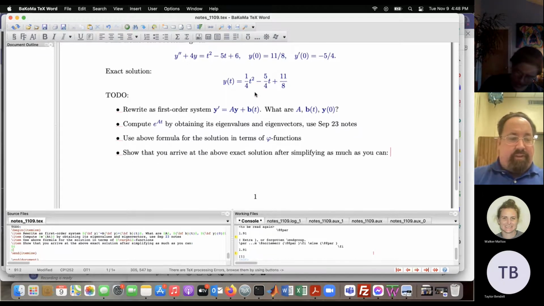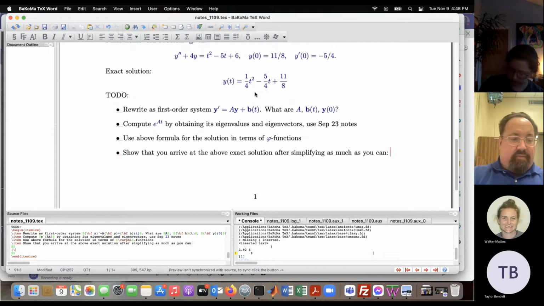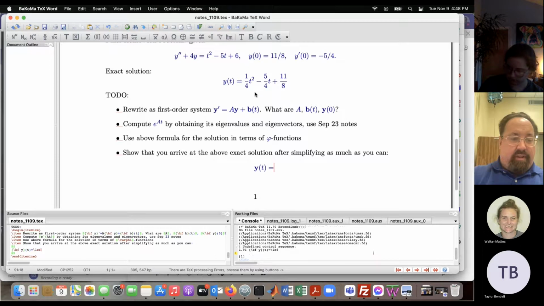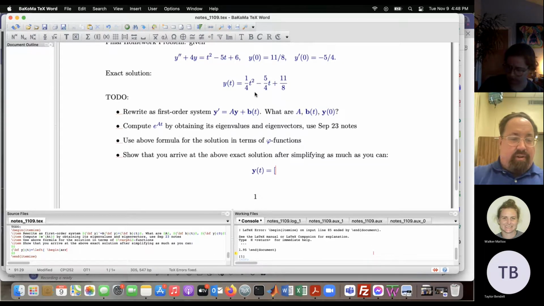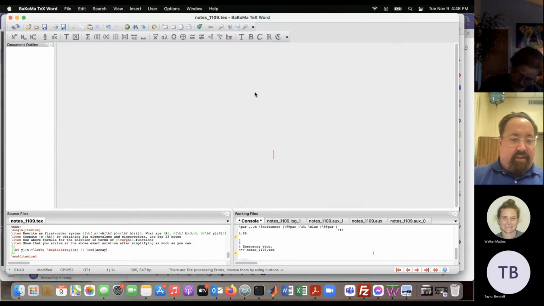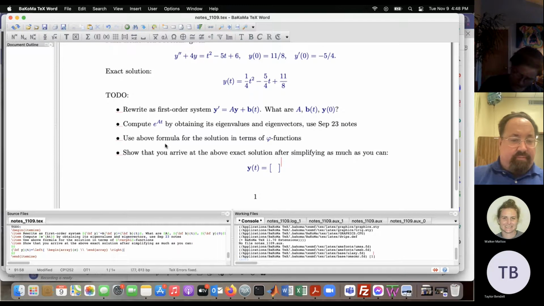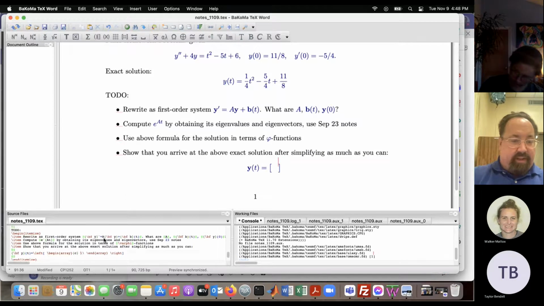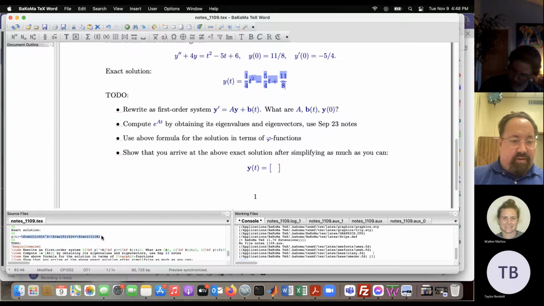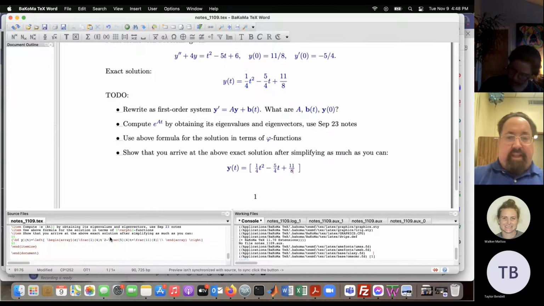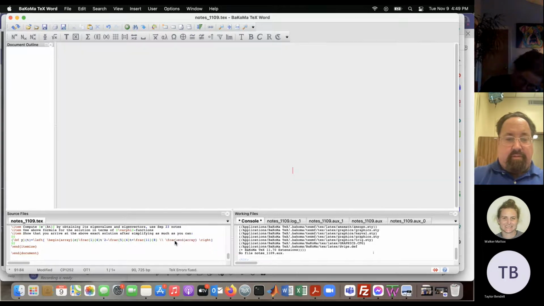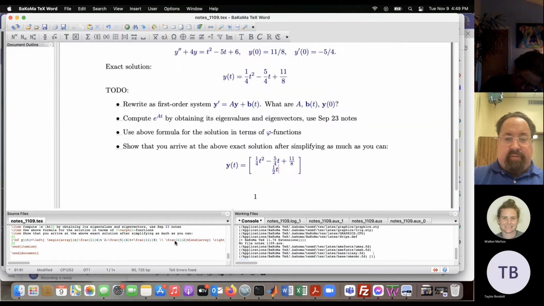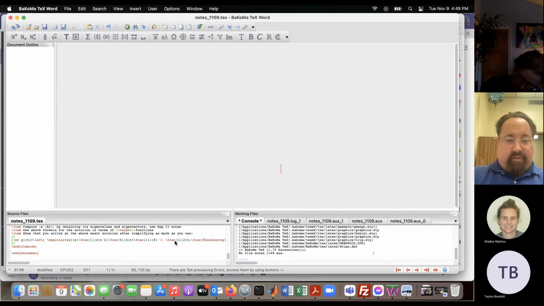And keep in mind, for your system of ODEs, since you're taking your second order ODE and rewriting it as a first order system, you're going to have this function as the first component, and then you'll have its time derivative as a second component.